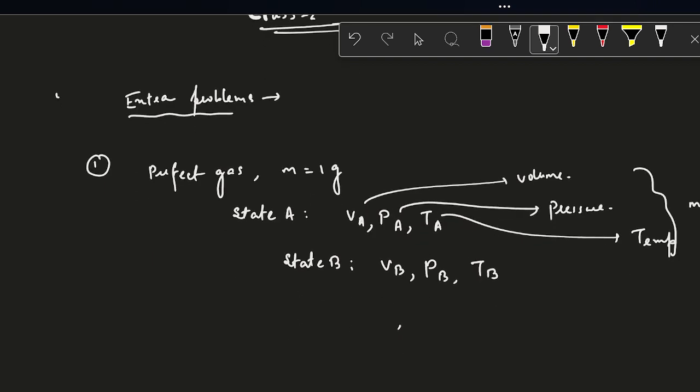So you are given that the macrostate of the gas has been changed from state A to state B. Then the question is, in that process, how much is the change of entropy.